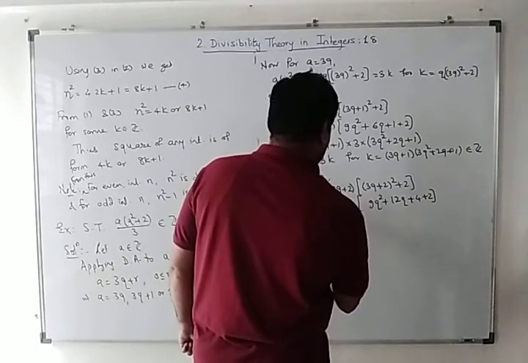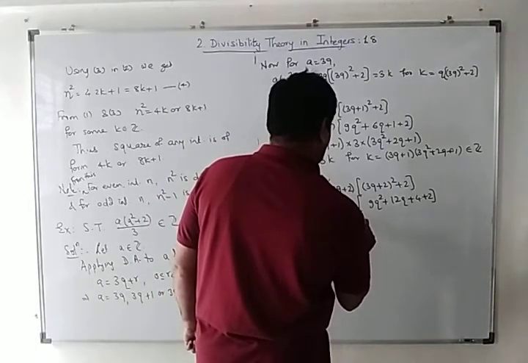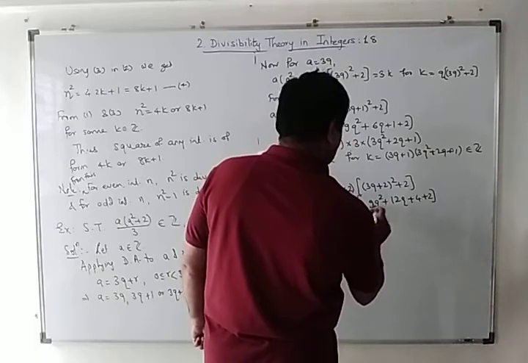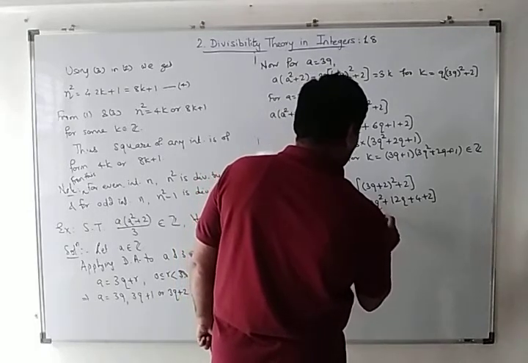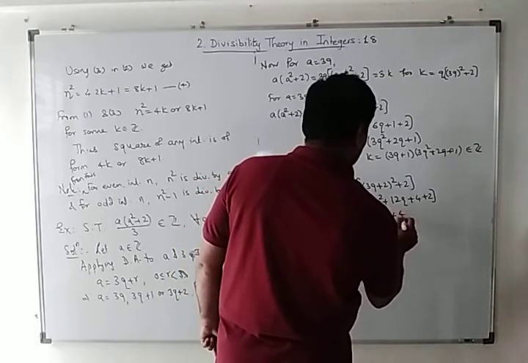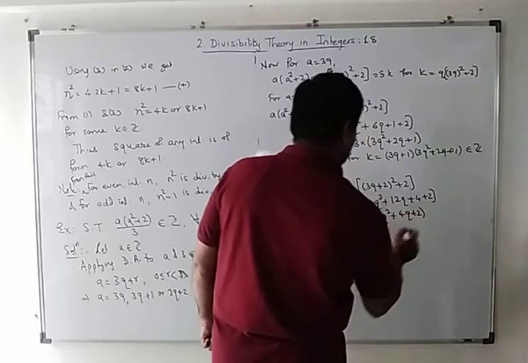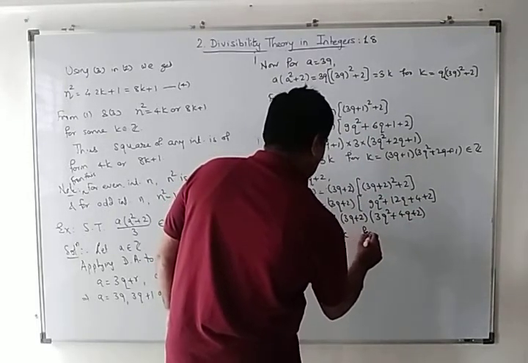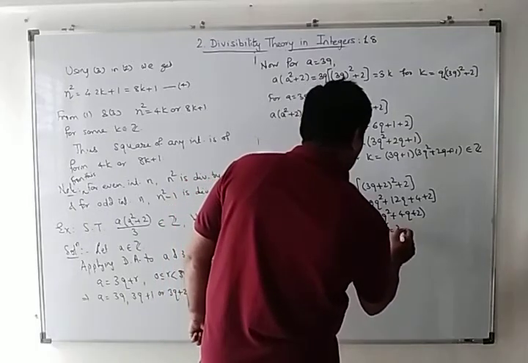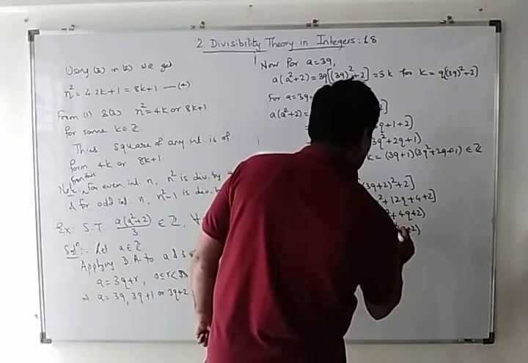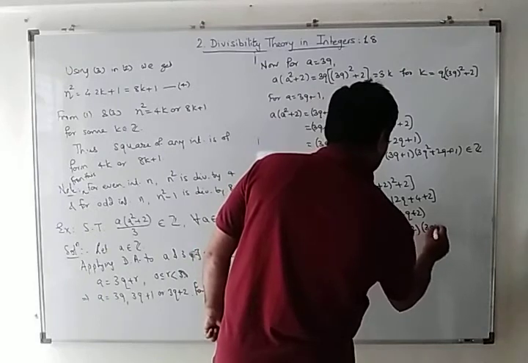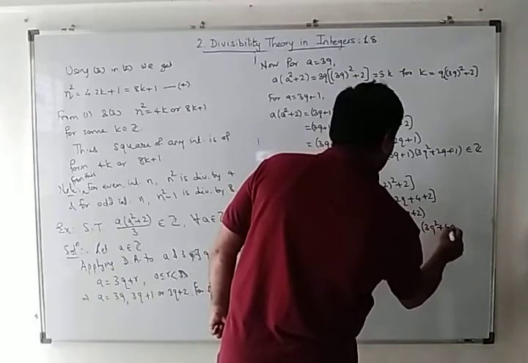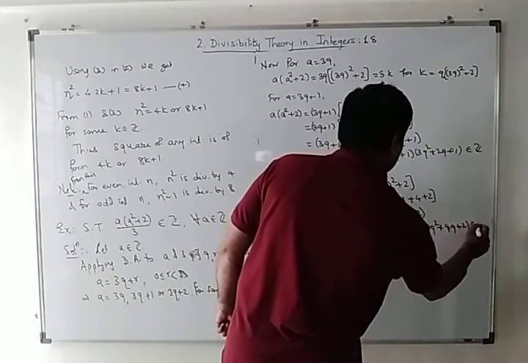So we will get 3 times (3q + 2) into (3q² + 4q + 2), which is equal to 3k, for k = (3q + 2)(3q² + 4q + 2) belonging to Z.